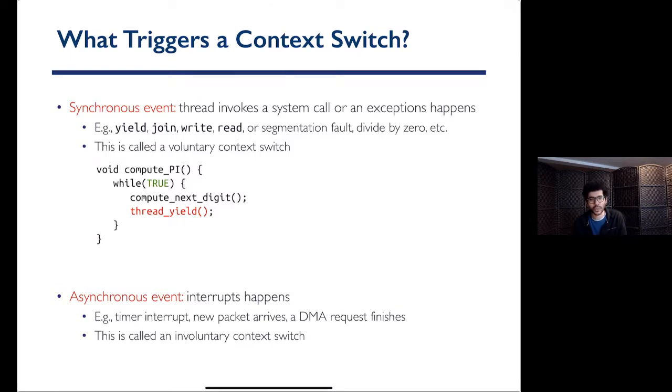Once the interrupt is received, maybe the operating system preempts the currently running thread and goes back to the thread that asked for this I/O, the one that called read. So it could lead to a context switch.